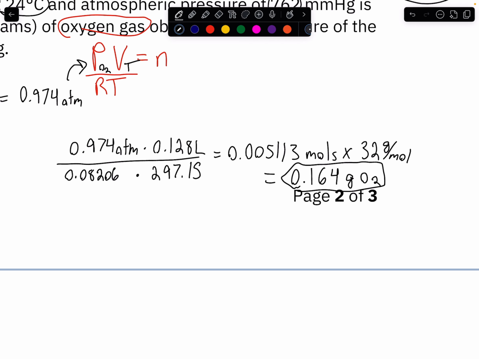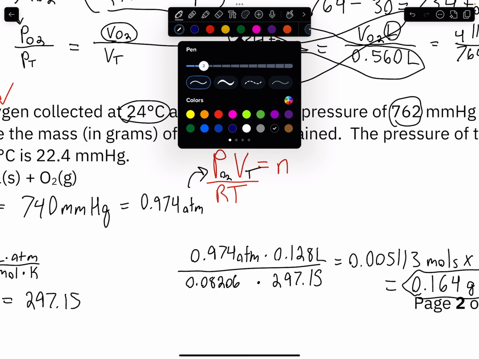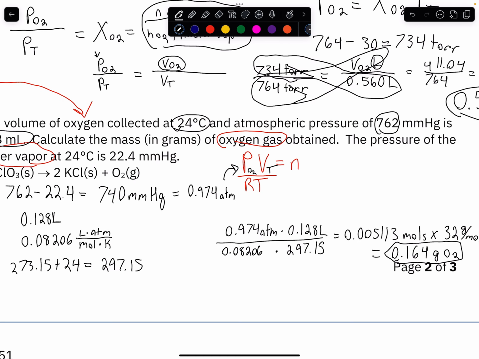Specifically, as I said before, the pressure and volumes are supposed to go hand in hand, in the sense that we're only getting partial pressure because we're only finding a partial of the total. And the total is the gas, the oxygen, plus water vapor. So we're only taking a partial even though it is part of the total volume. And vice versa. If we're taking the total pressure, we have to find how much volume the specific O2 molecules take up.